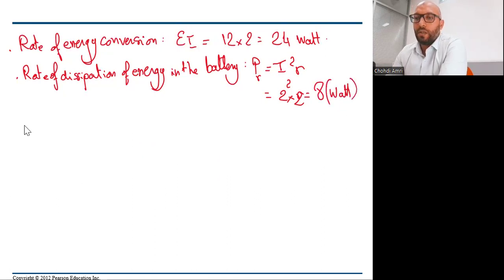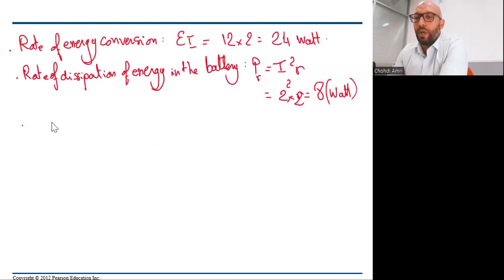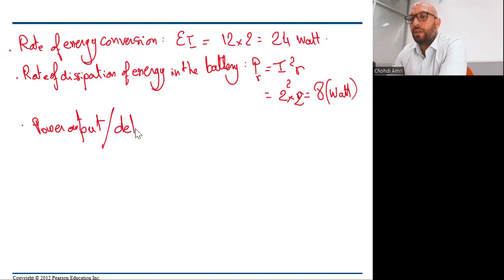Good. Third question, he said the net power output of the battery. Power output. So the power delivered to the circuit. What will be the power output?